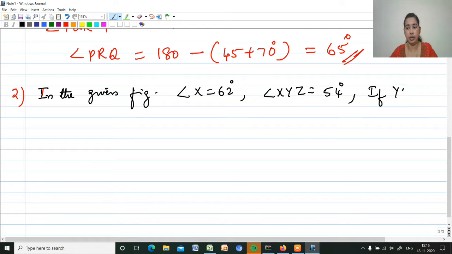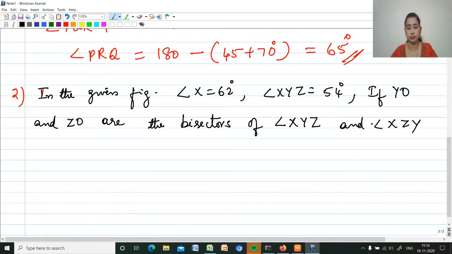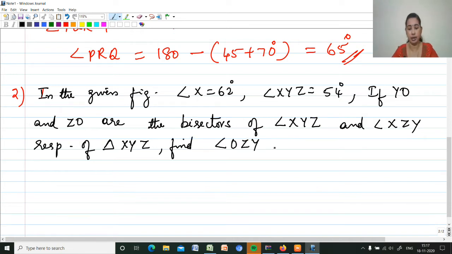If YO and ZO are the bisectors of angle XYZ and angle XZY respectively of triangle XYZ, then we have to find angle OZY and angle YOZ.